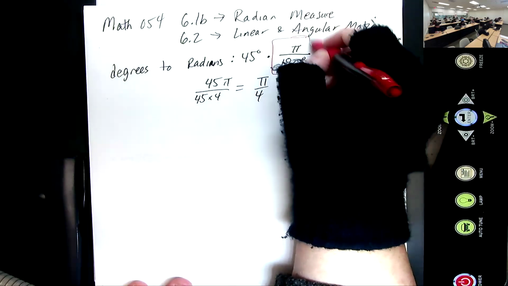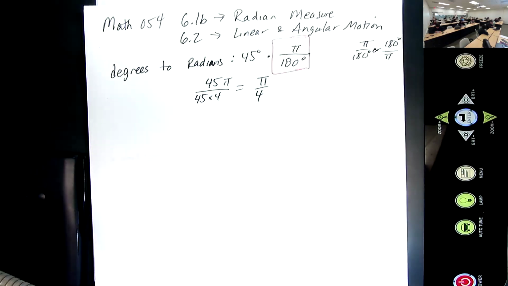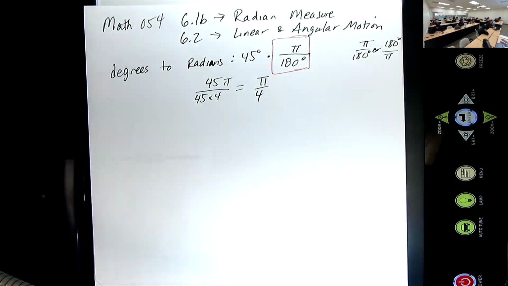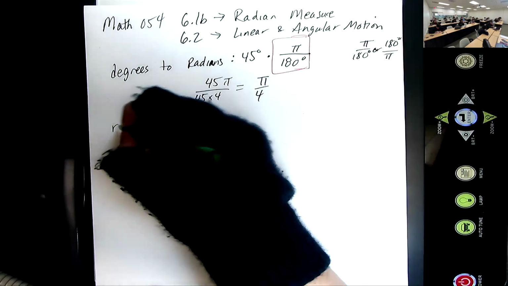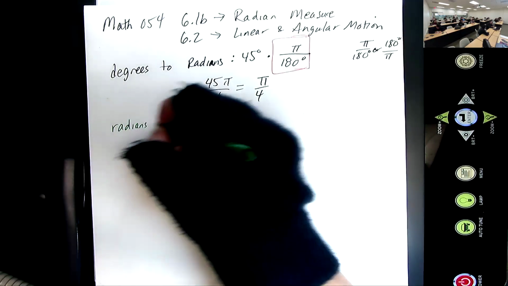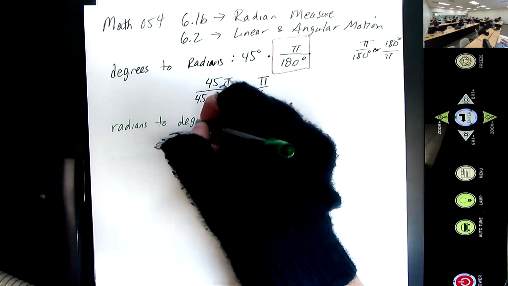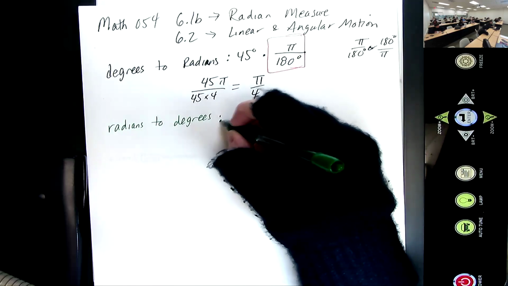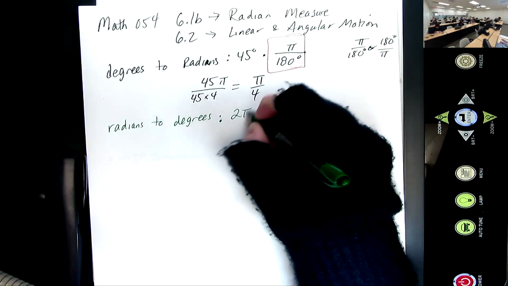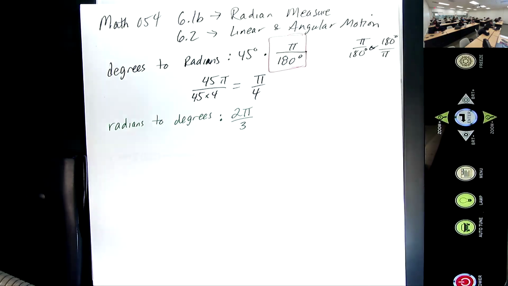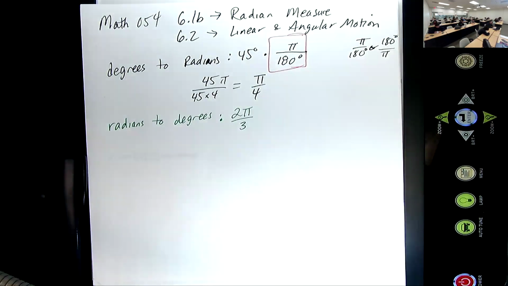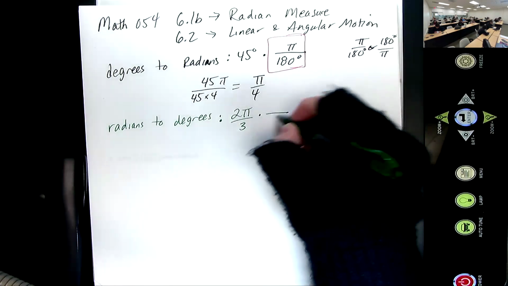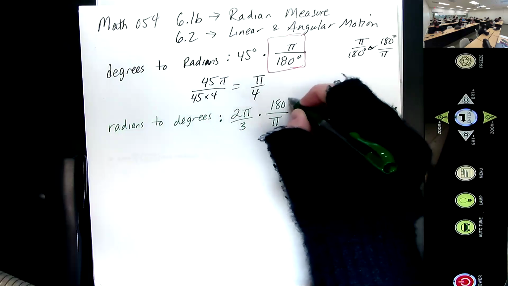And if we wanted to go from radians to degrees, let's say we started with 2 pi over 3. I want to get rid of pi because I don't have pi in degrees. So pi needs to be on the bottom and the 180 is on top.